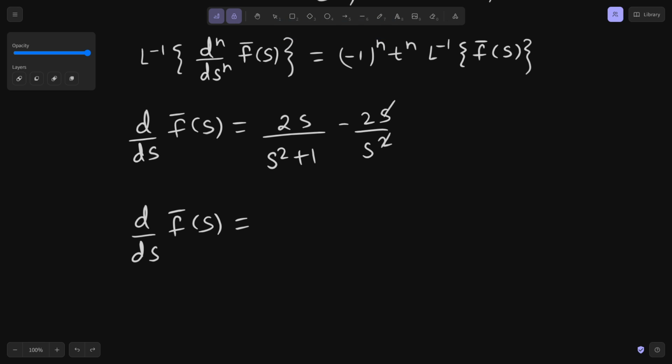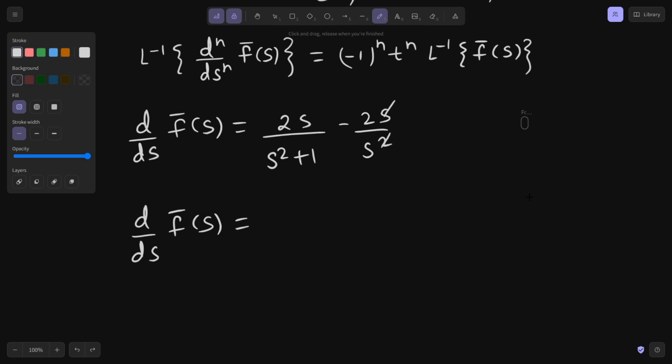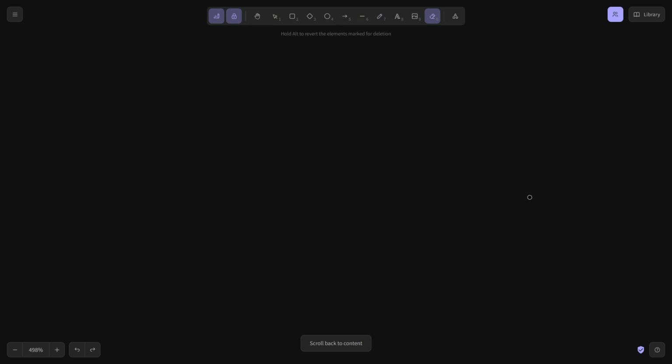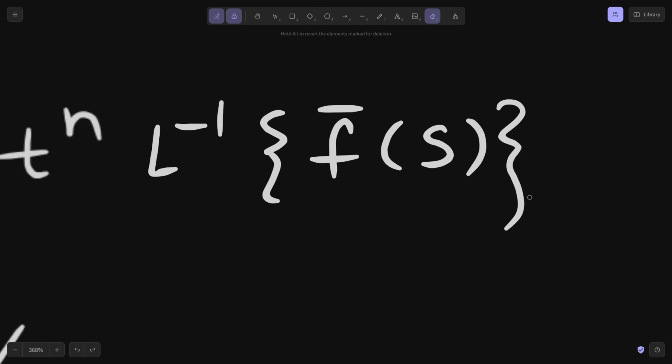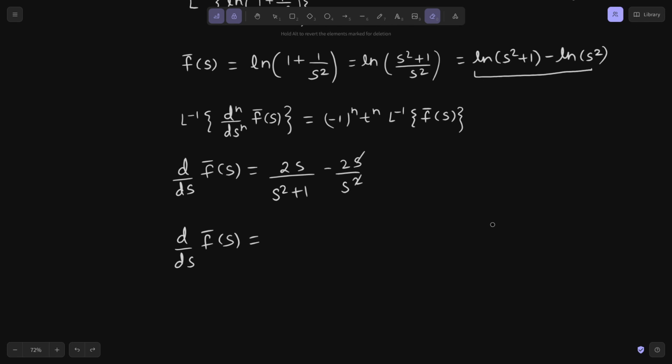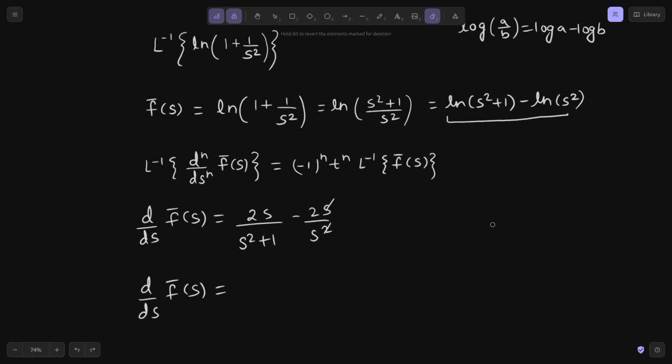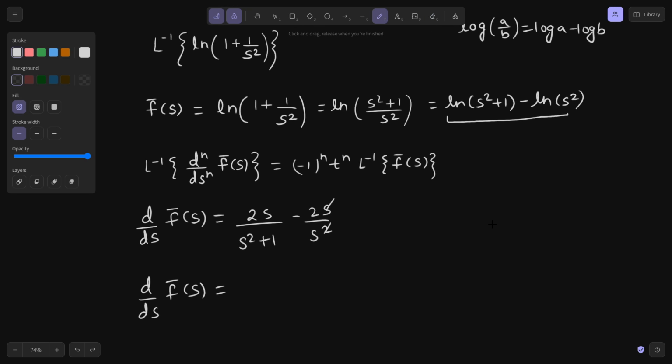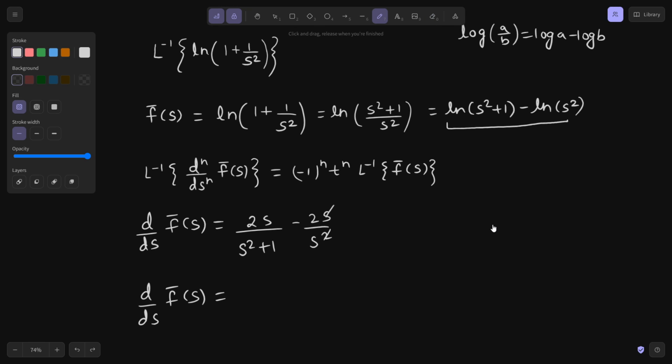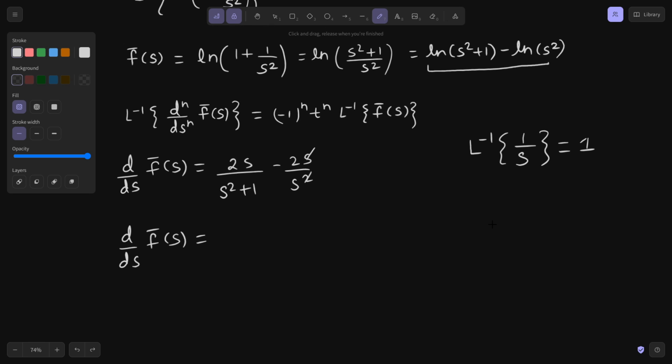The inverse Laplace of 1/s you all know; it is 1, and the inverse Laplace of s/(s² + a²) is nothing but cos at.